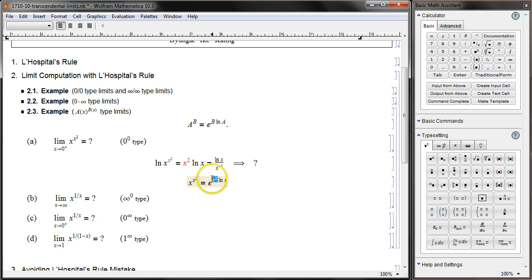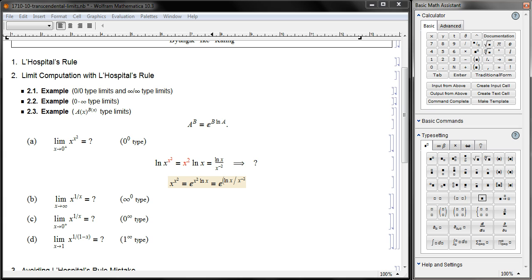This is b and log of a. Now change this product upstairs into a fraction. Exponential of log of x over x to the negative second power. We have a fraction here now, so we can apply L'Hopital's rule.